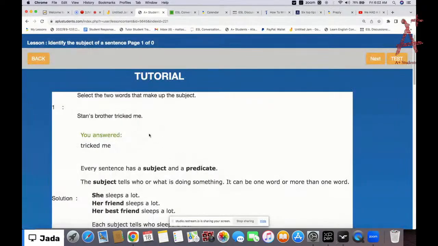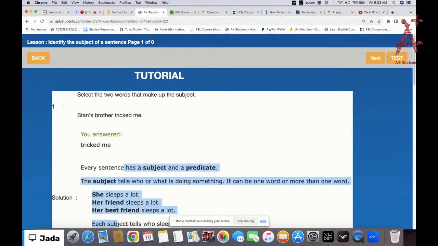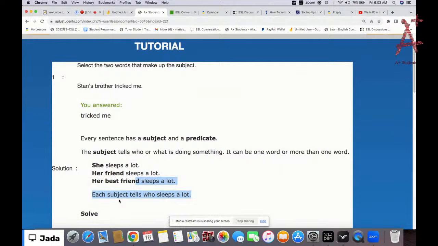First of all, you need to note what the subject is and what the predicate is as well. This lesson is identify the subject of a sentence. In this lesson, we'll be identifying just the subject. Now it says that every sentence has a subject and a predicate.